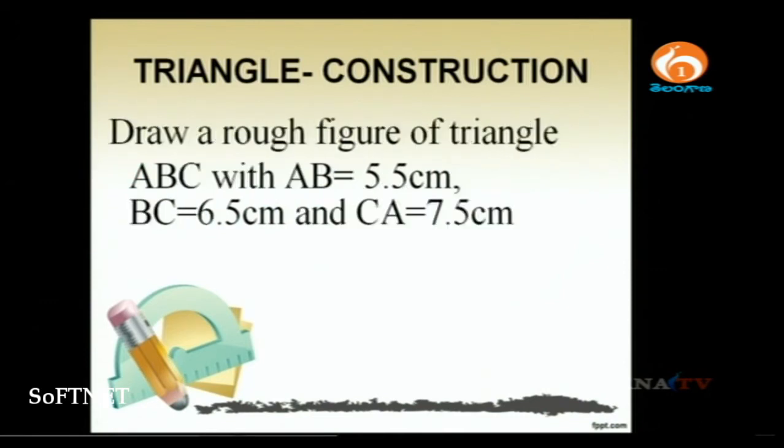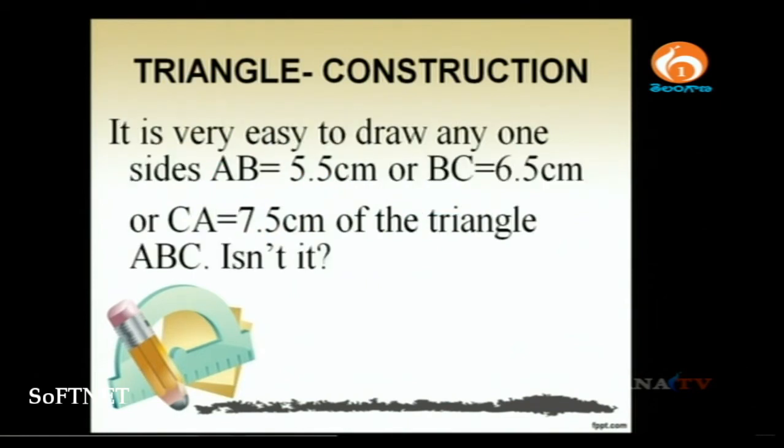Children, to understand this problem, draw a rough figure of the triangle ABC with AB is equal to 5.5 centimeters, BC is equal to 6.5 centimeters and CA is equal to 7.5 centimeters. Whatever the rough figure you draw, it must be proportionate to the original figure.